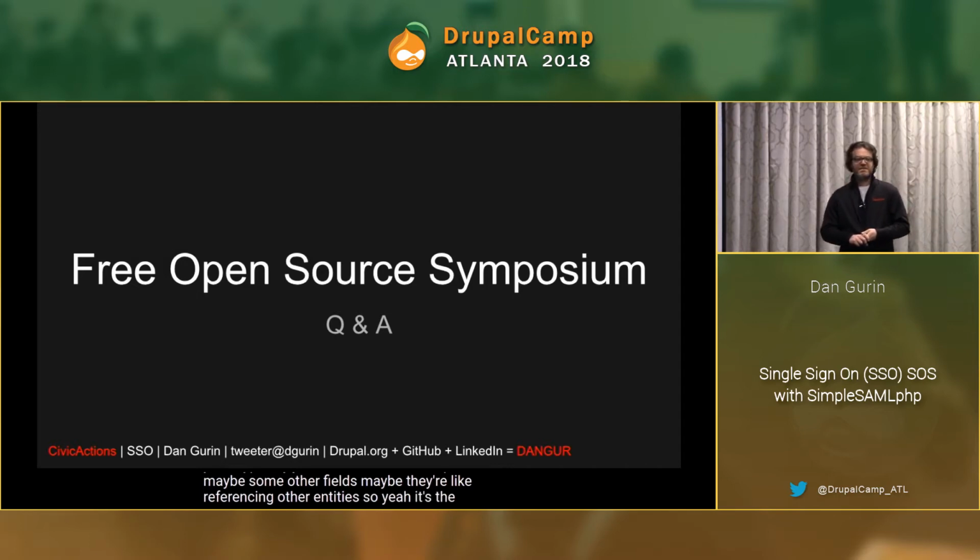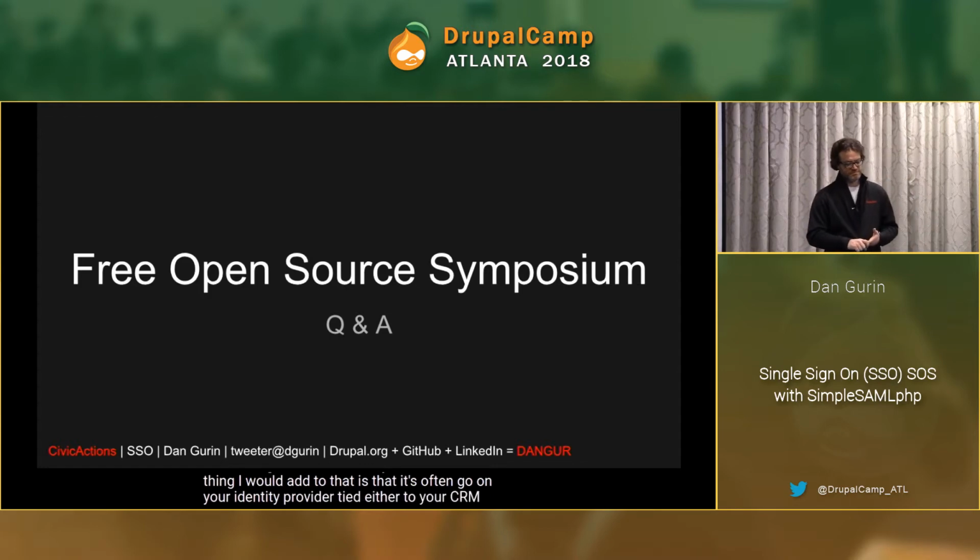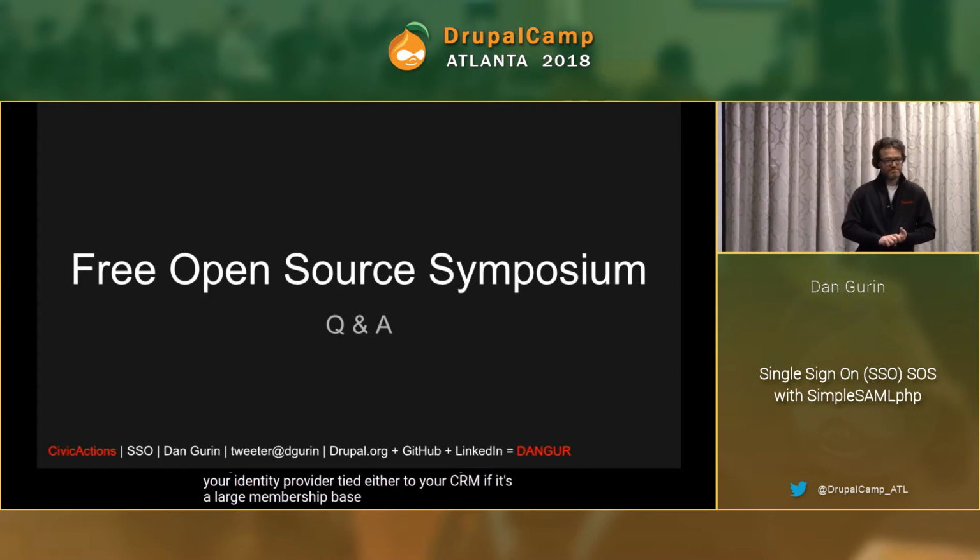The other thing I would add to that is that often you want your identity provider tied either to your CRM if it's a large membership base, or to a directory tool that's already used in the organization. That's not Drupal's role, and if you make it your identity provider, you are now married to that Drupal site in a much more integral way, because now it's providing identity to other parts of your network.